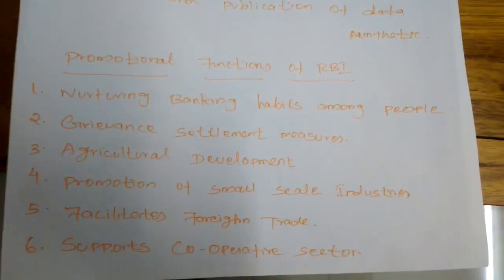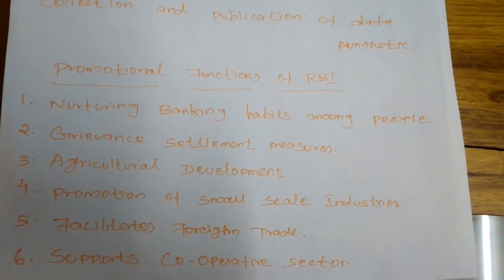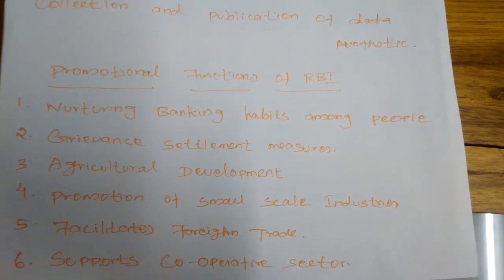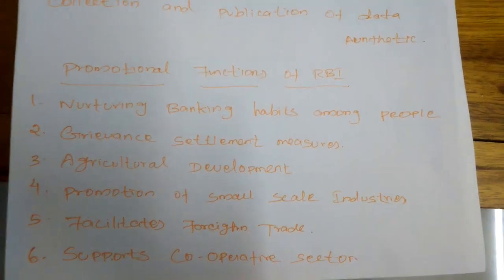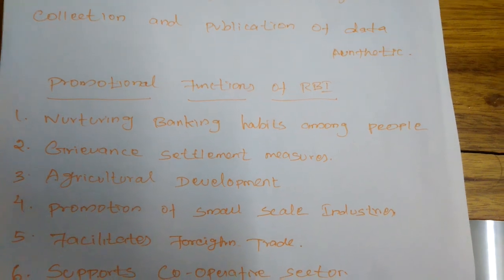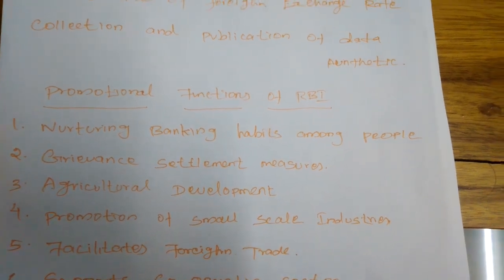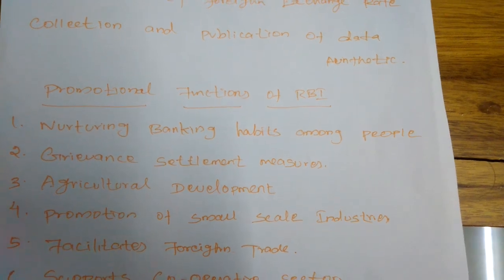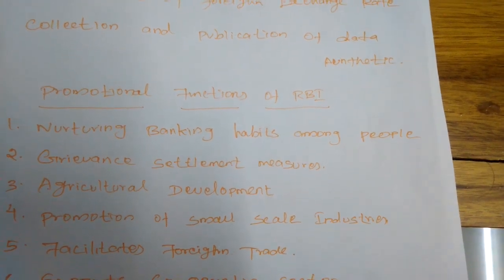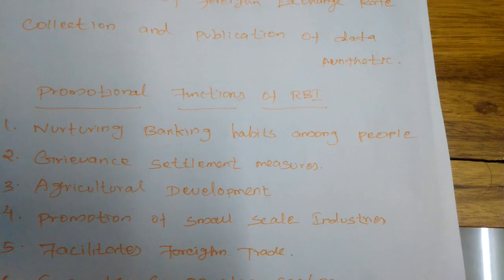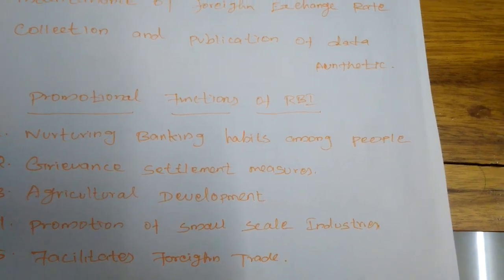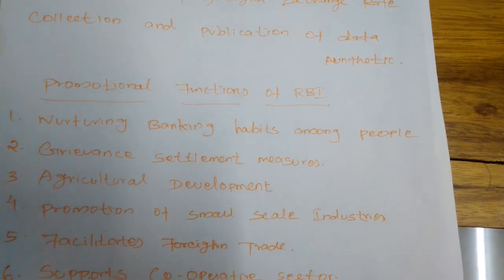Normally, if they have some amount of money in hand, it is considered idle money. So the bank creates saving habits among people by providing different rates of interest, different services and some concessions.